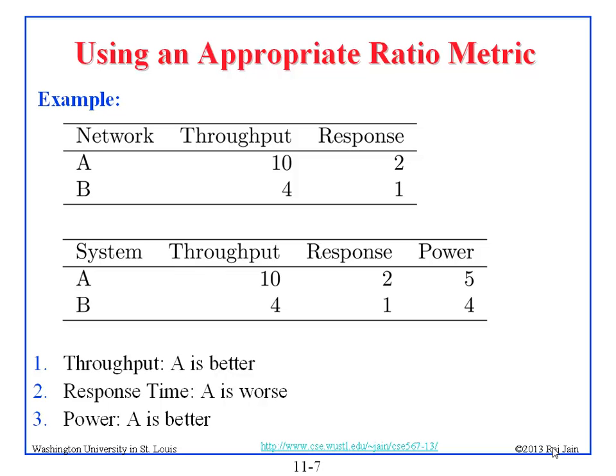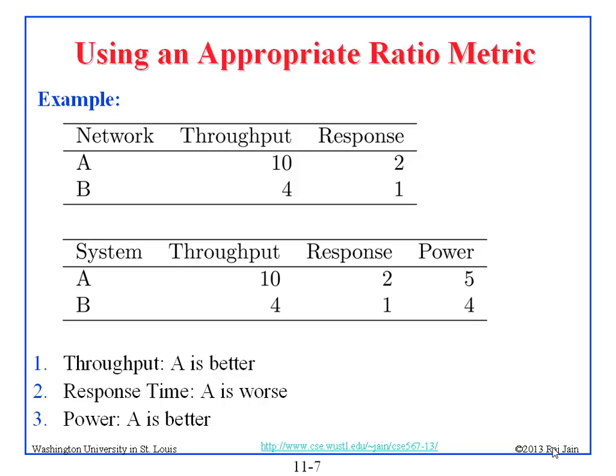Right? And so here, if you just use the throughput metric, you would say system A is better, higher is better. Throughput of 10 is better than 4. On the other hand, if you use response time as a metric, you would say that B is better than A. Right? So why get into that debate?